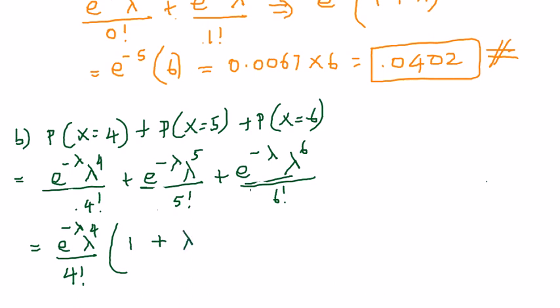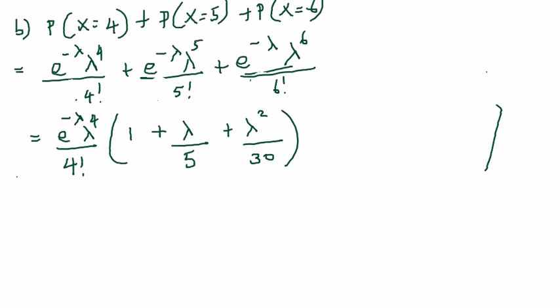What remains in the second term is lambda by 5. And what remains in the third term is lambda squared by 6 into 5, which is 30, right? I have taken 4 factorial outside. Now let's substitute for lambda. Lambda is nothing but 5, right?